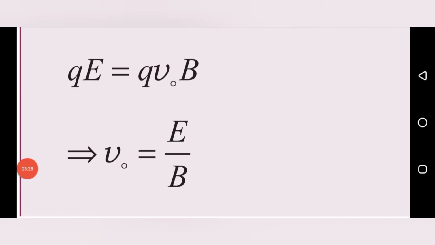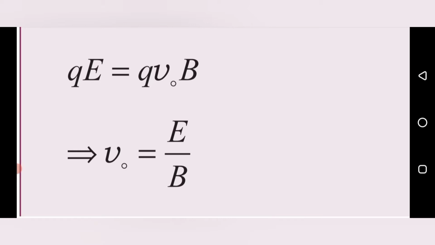Here we equate the two forces, the electric force and the magnetic force. So EQ equals Q V naught B. Here V naught is the velocity of the charge when it enters these two perpendicular fields.